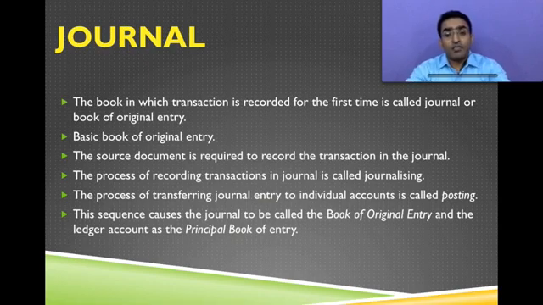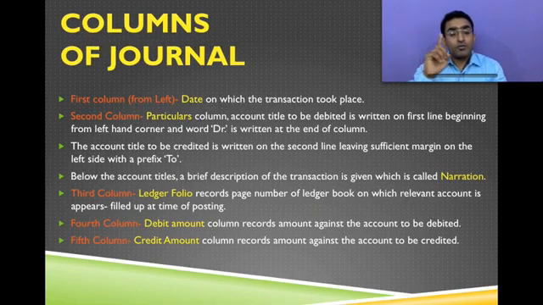Okay, then if you go through the format, I'll just show you. The first column is date column, then we come to the particulars column in which we record all the details of the transactions, account debited and account credited.